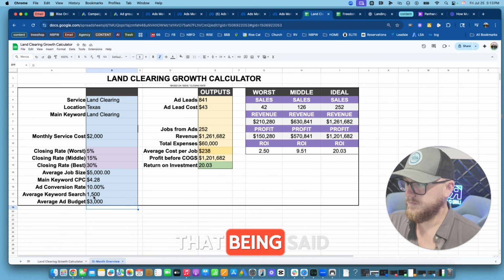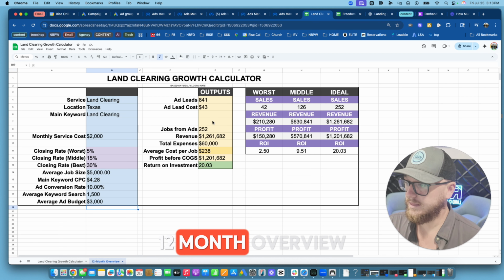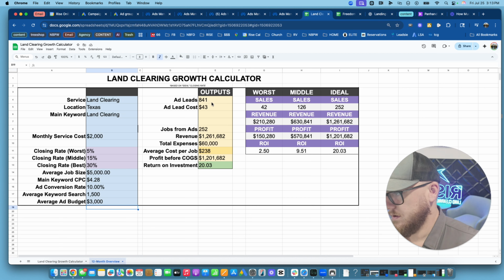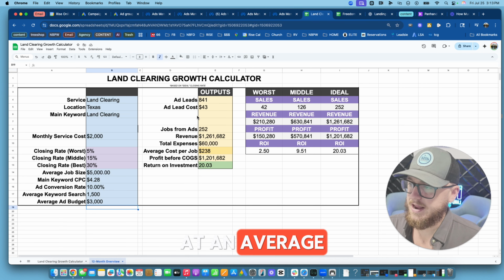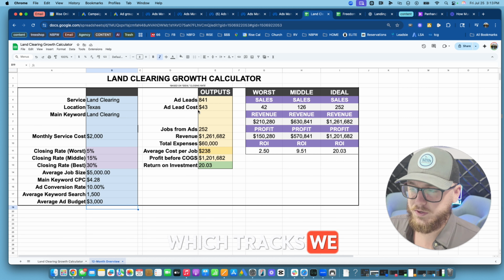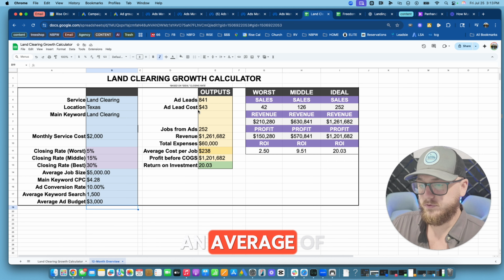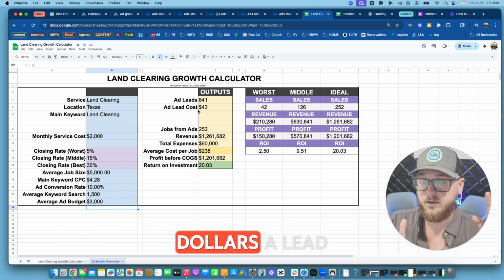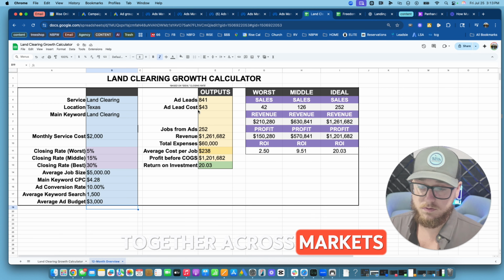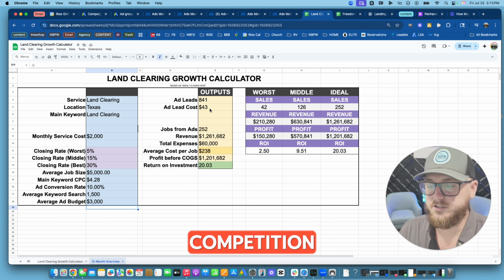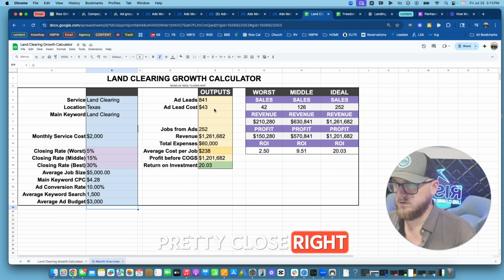So with that being said, looking at a 12-month overview, you would see 840 leads-ish at an average of about $40 a lead, which tracks. We see an average of $30 to $50 a lead when you mix Facebook and Google together across markets. A lot of that depends on competition, but it's pretty close right there.